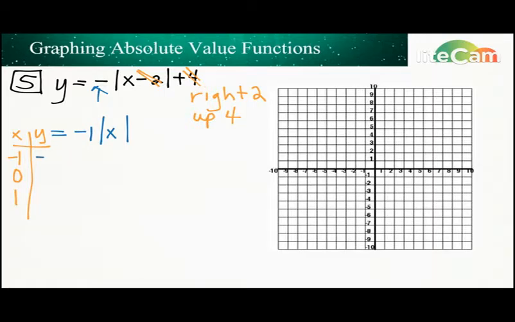So if we do -1 times the absolute value of 1, we're going to get a -1. If we plug in 0, we're going to get 0. And again, if we plug in -1, then we get -1.